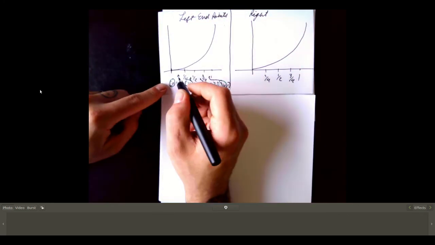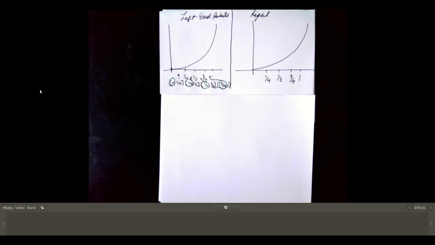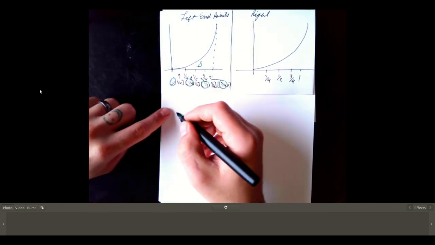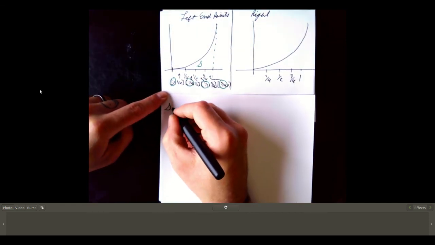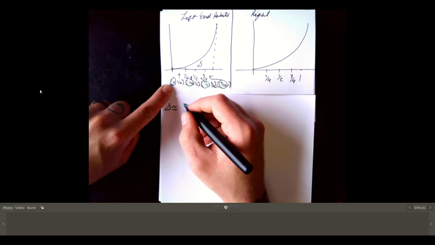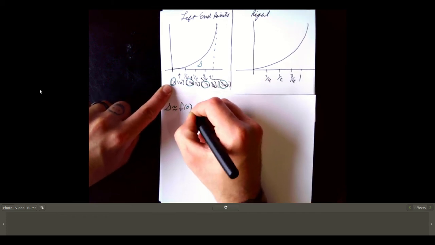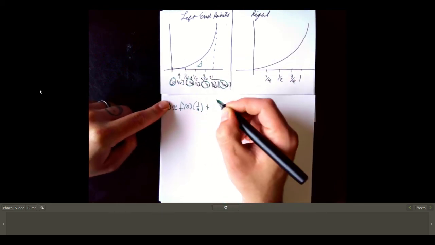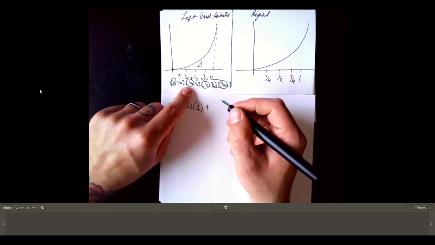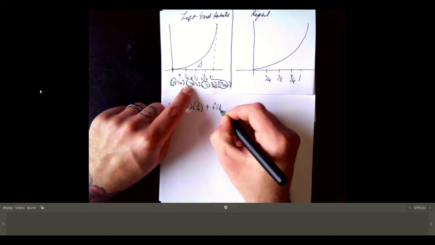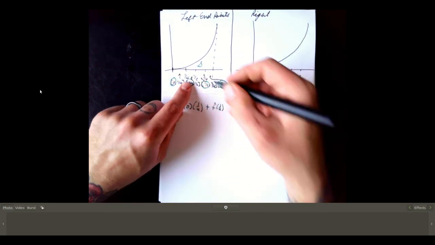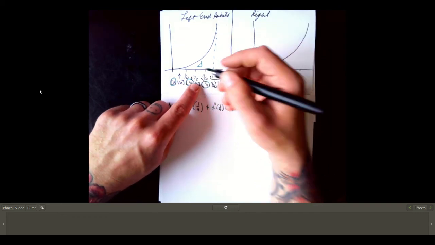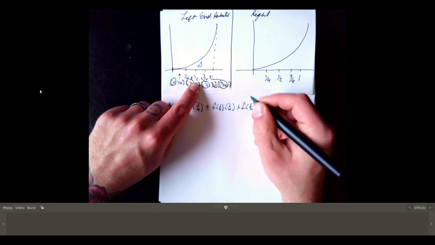So that means our height is going to be given by, or I'm going to call this region S. S is going to be approximately equal to our height when x is equal to 0 times the width of this section, plus the height evaluated at the left endpoint, f of 1/4, times the width of this section, 1/4, plus the height evaluated when x is equal to 1/2, times the width of this section.